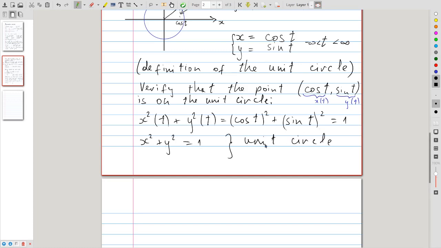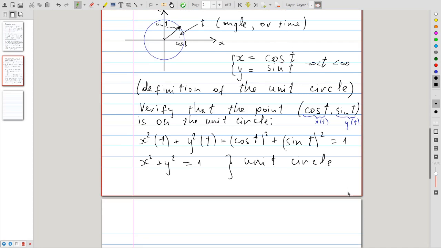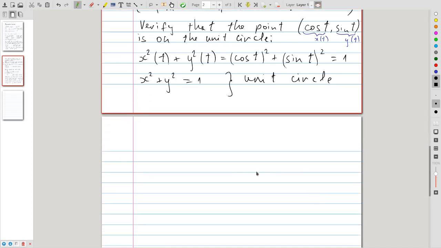So this gives an independent verification that such points lie on the unit circle. So of course we knew this in the first place because we knew it from the properties of the unit circle and from the way it defines cosine and sine of t. But this provides an independent verification.